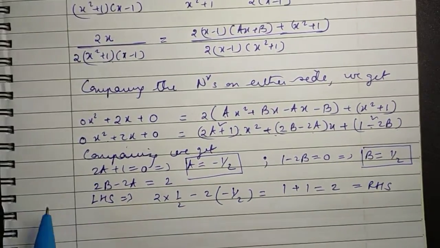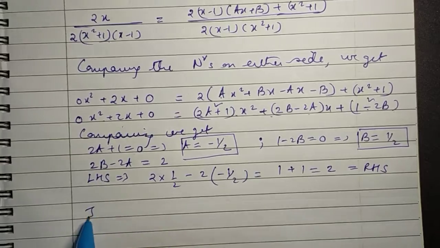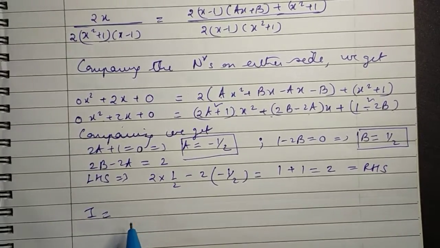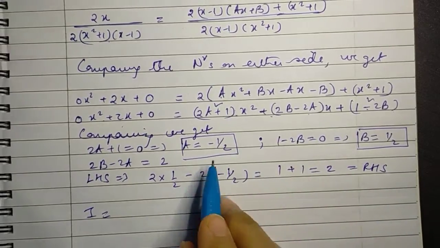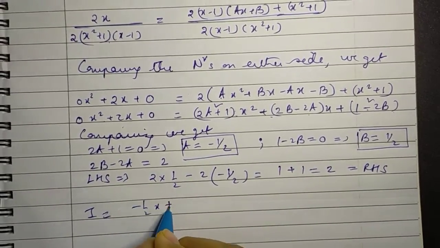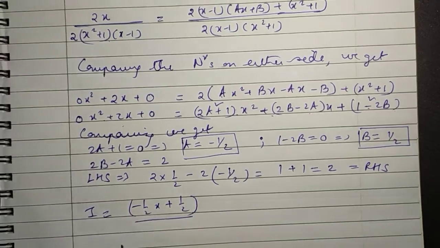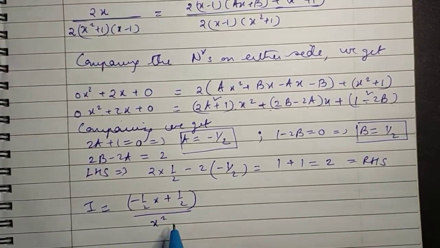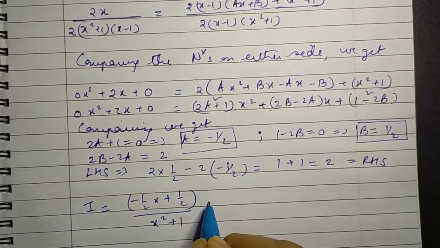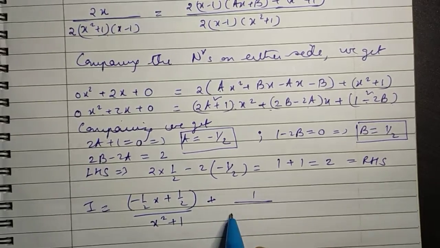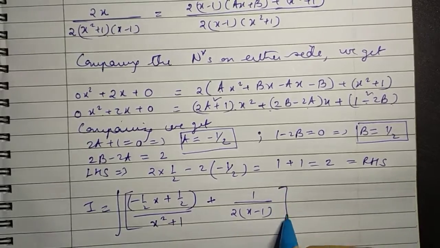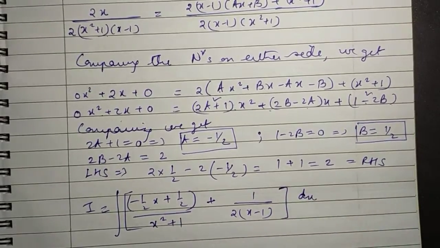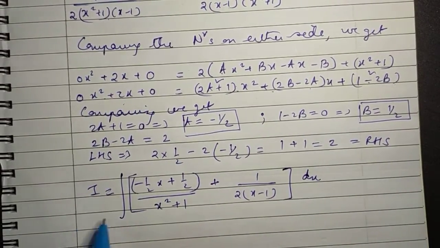Now we simply write the given integral as, first term is ax plus b, a is minus half, so minus half x plus b whole upon the quadratic expression, that is x squared plus 1, plus 1 upon 2 times (x minus 1), into dx, and then we simply solve it. So what do we get?